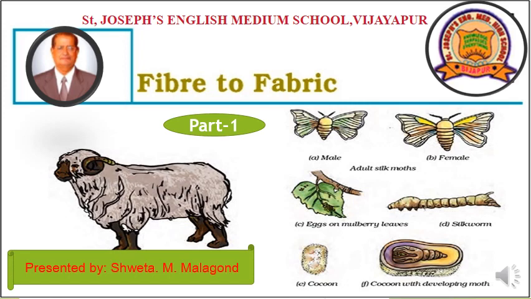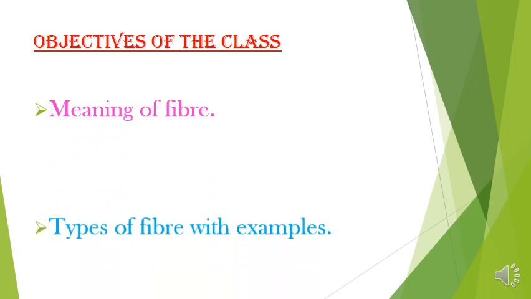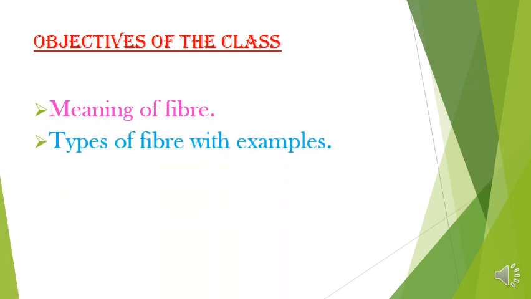Welcome to our class. Part 1, that is processing of wool. Objectives of the class are the meaning of fiber, types of fibers with examples like natural fiber and synthetic fiber. Again, natural fibers are grouped into two types, plant-oriented fiber and animal-oriented fiber.